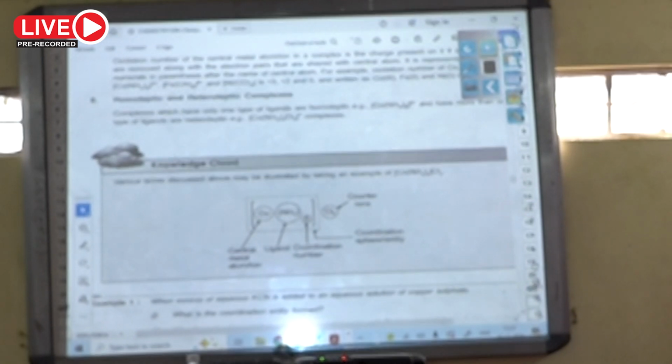So the ligands' number is 6, that is called coordination number. The entire square bracket is called coordination sphere or coordination entity. Cl3, the counter ions which balance the positive charge of the metal ion.